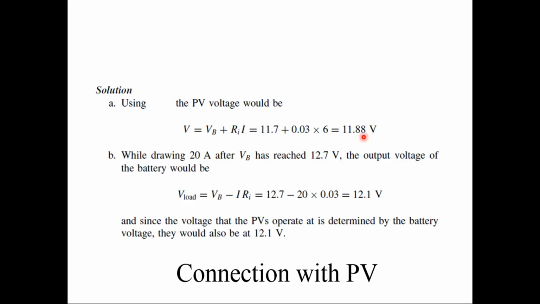While drawing 20 ampere current, the equation will be with a minus because we are now considering load voltage. So VB minus I into RI, that is 12.7 minus 20 into 0.03, which is 12.1 volt. Since the voltage of the PV operation is determined by the battery voltage, it would be at 12.1.